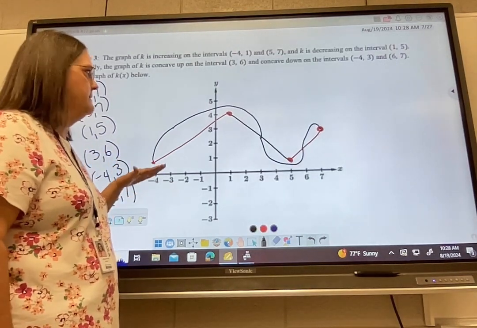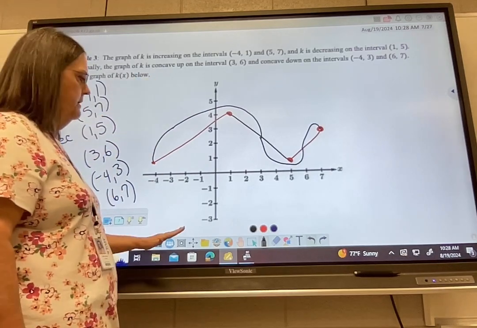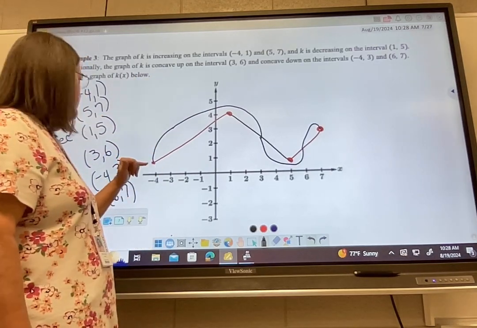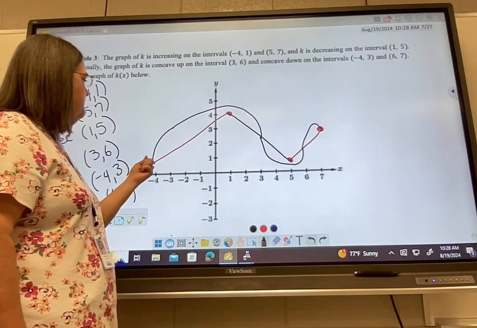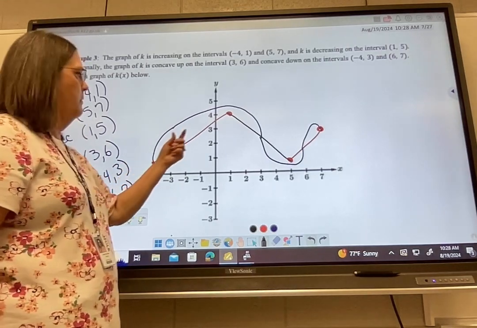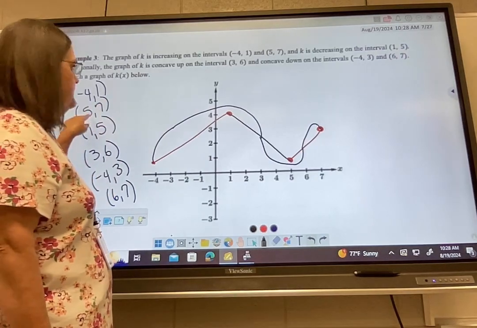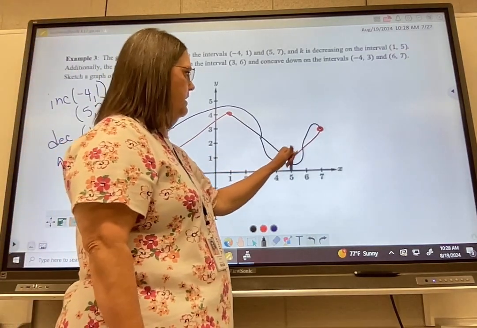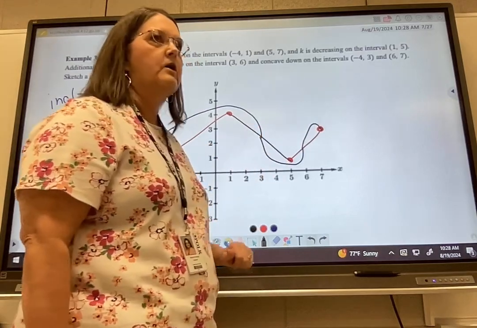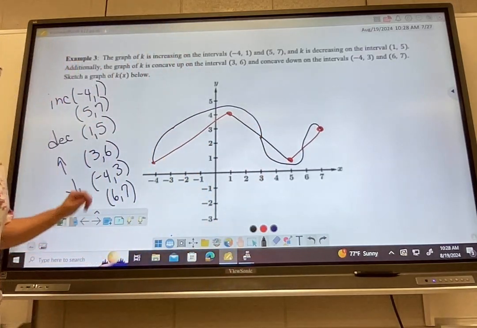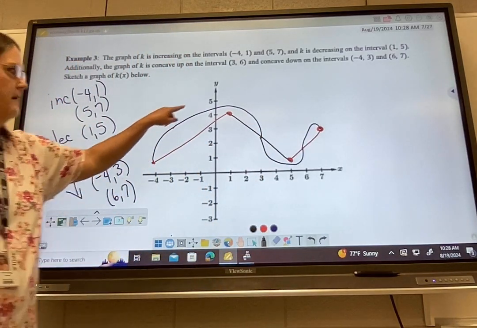And you could have put this anywhere. You could have put it up here. You could have put it down here. It doesn't matter. But I did the increasing from -4 all the way to 1. I just drew a straight line. And then it is also increasing from 5 to 7. So I drew a straight line right here in red. So my increasing is in red. And then I did my decreasing from 1 to 5.